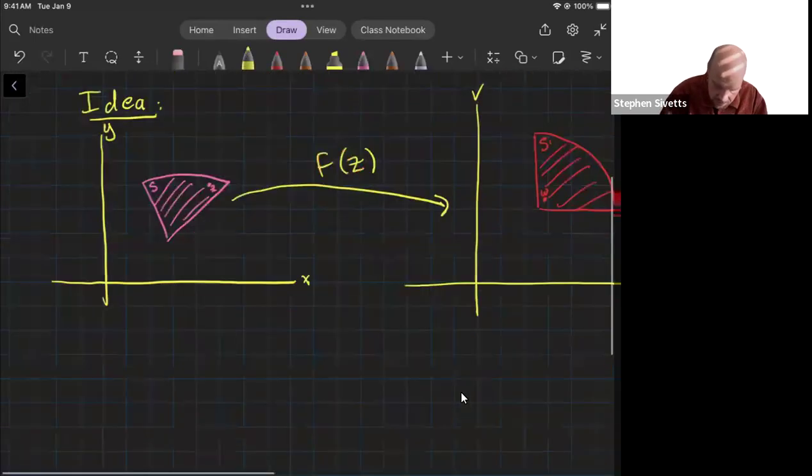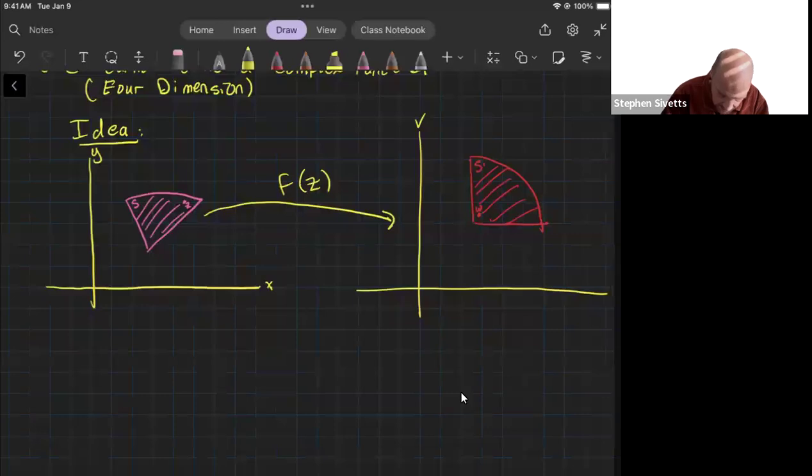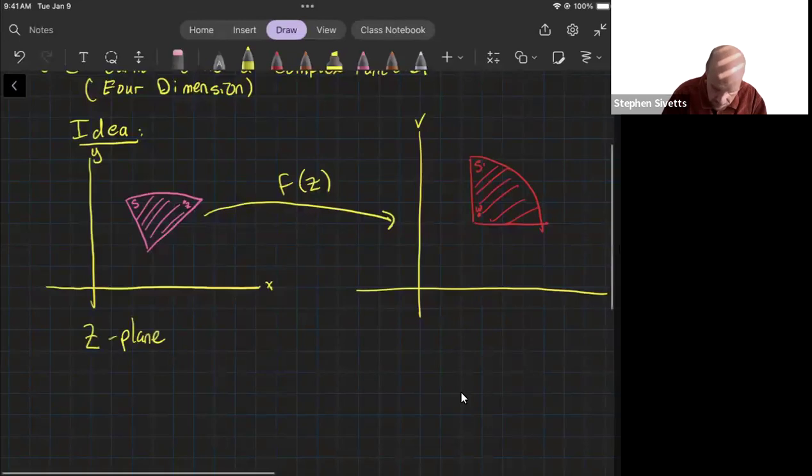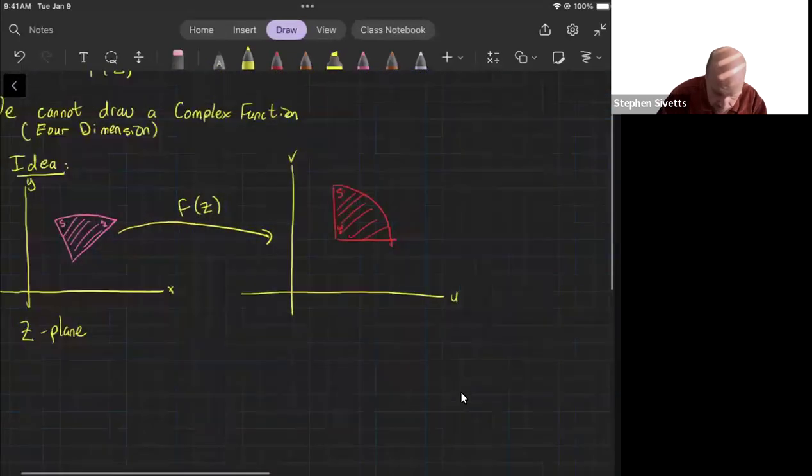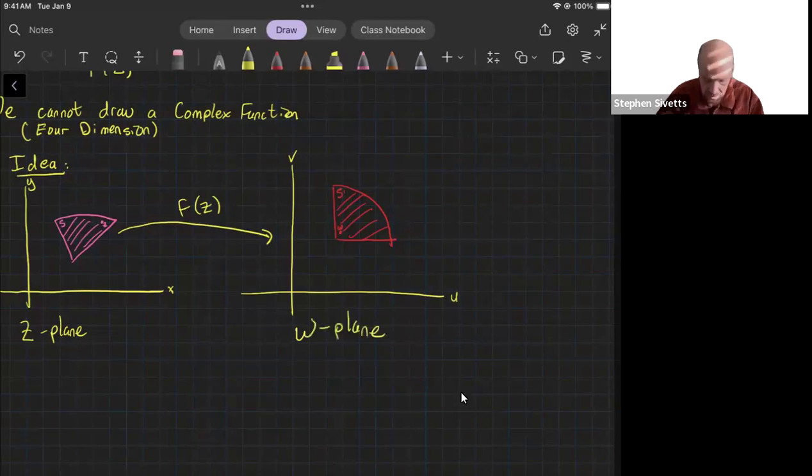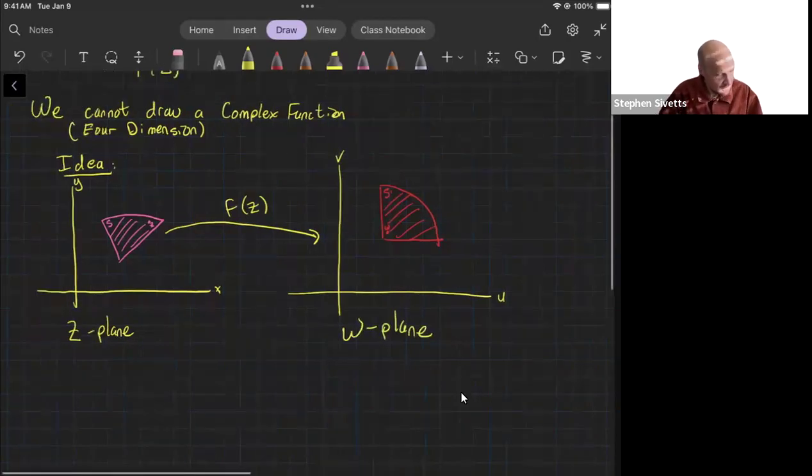So we're going to take one set in the complex plane, which we'll call the z plane, and look at what the outputs will look like in the w plane.